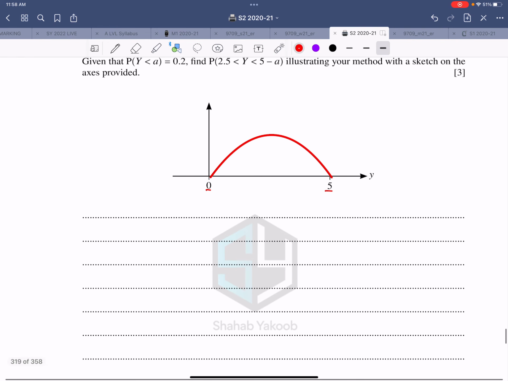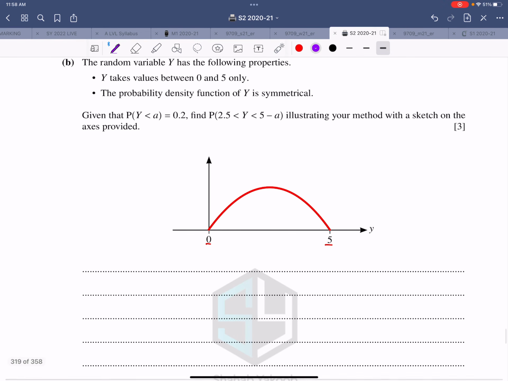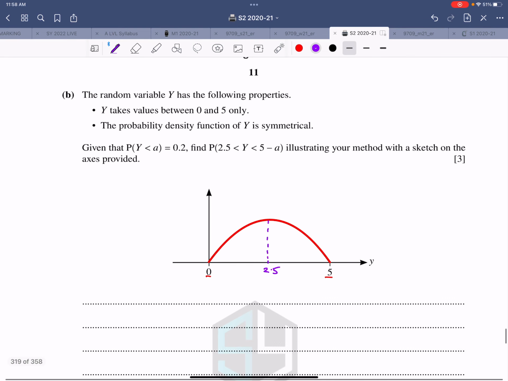So now this is symmetrical, and the first thing that I observe is that the value of 2.5 lies in the middle. 50% lies on the right, 50% lies on the left. Probability y less than a is 0.2.